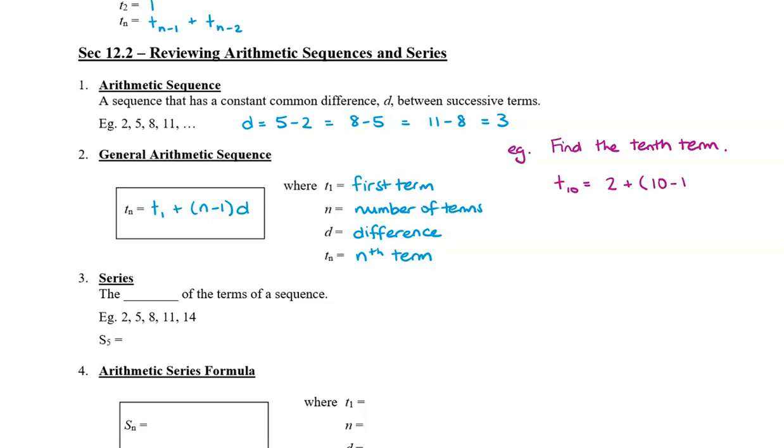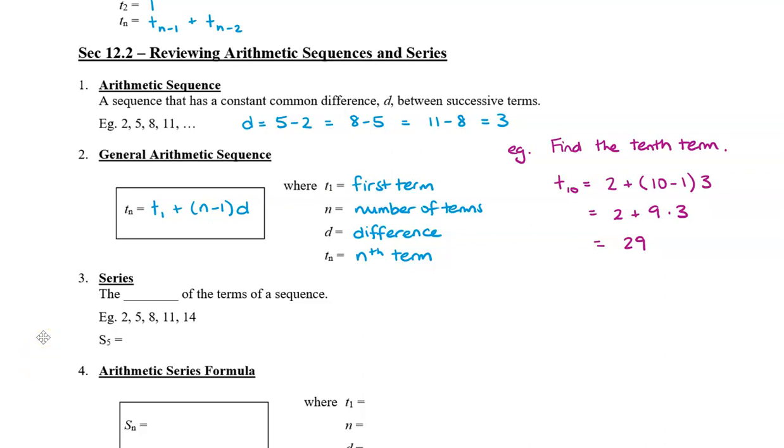So 10 minus 1 in our formula times D, and our difference here is 3, which we calculated before. So we have 2 plus 9 times 3, so 2 plus 27, which is 29. So the 10th term in the sequence of 2, 5, 8, and 11 would be 29.